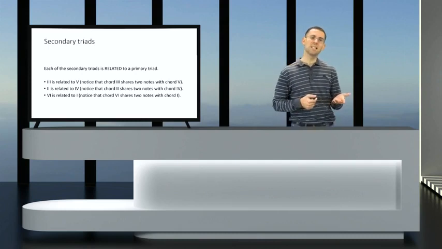Later on, and actually you'll probably only learn this next year, you can substitute one of the secondary triads for the primary triads when you are harmonizing music. And that gives music just a little bit more spice and excitement. You'll remember just now that I said to you, if I played all of the primary triads together, it was the basis for a lot of music.